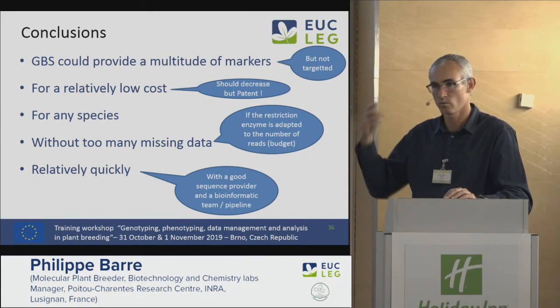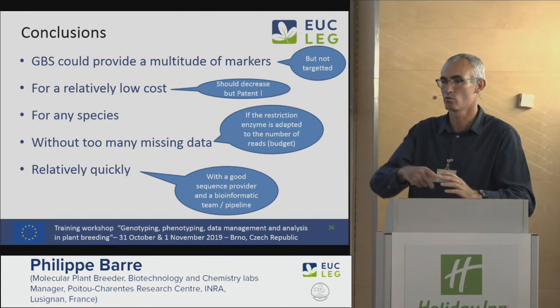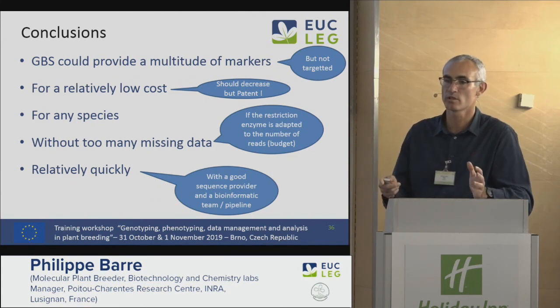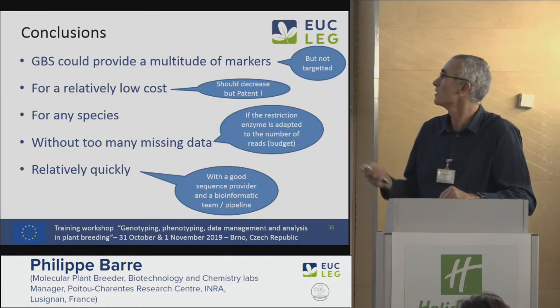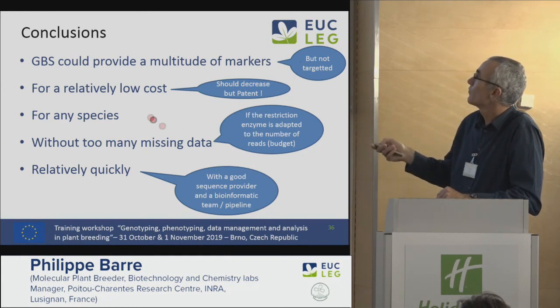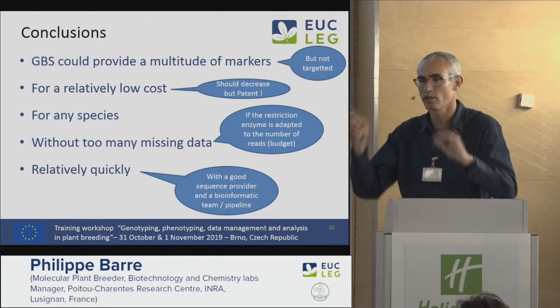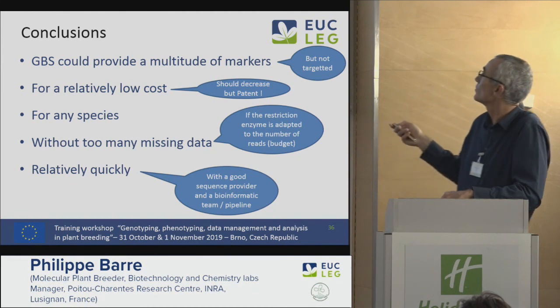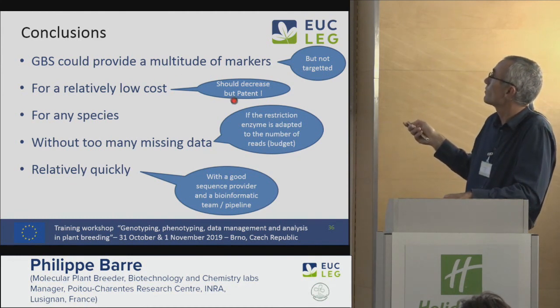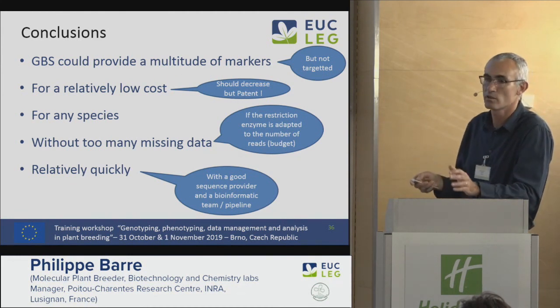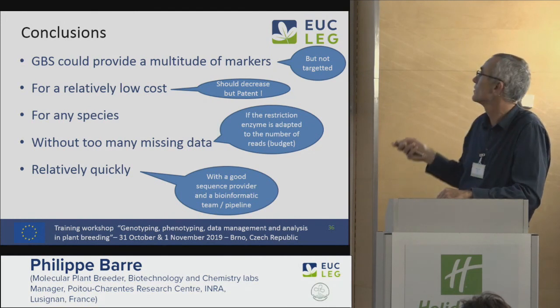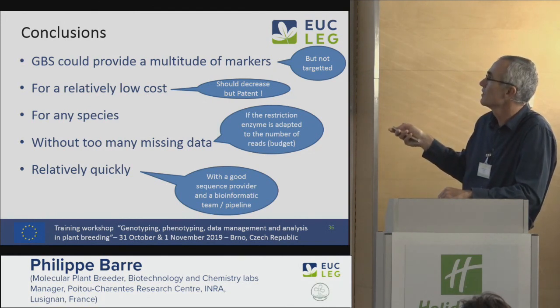It's very good to look at the diversity at the first step, but then maybe you want to change and look at other markers. It's for a relatively low cost, so you saw in one of my slides a cost, to give you an idea. But you have to be aware of the patent. I don't know the cost at LGC. Yeah, you can ask.